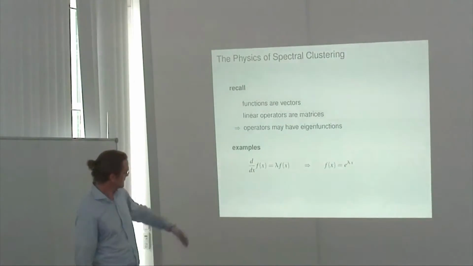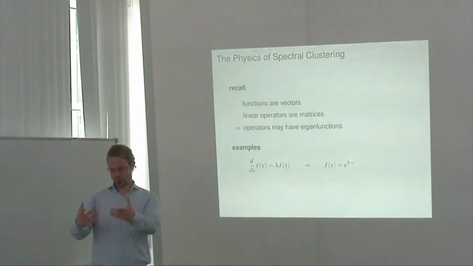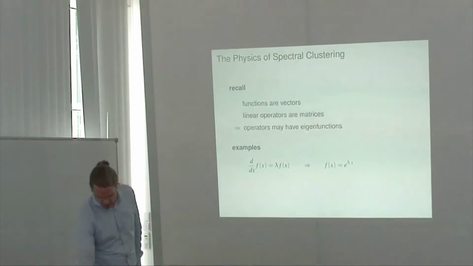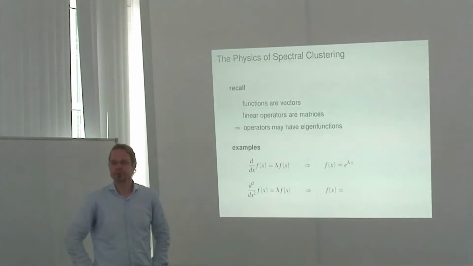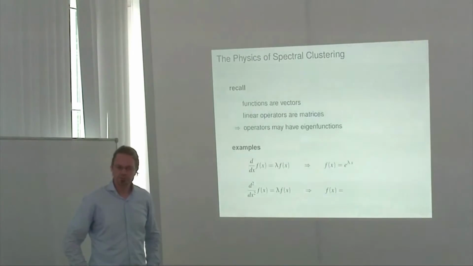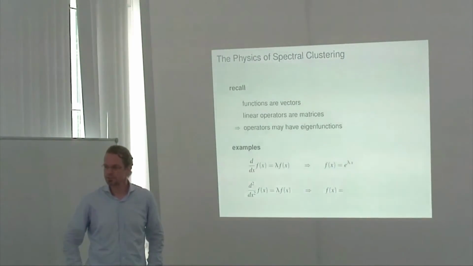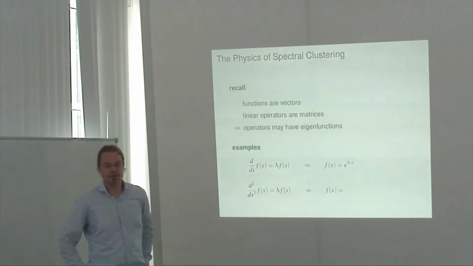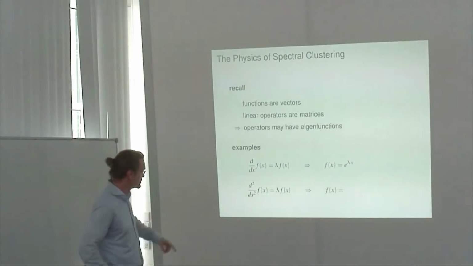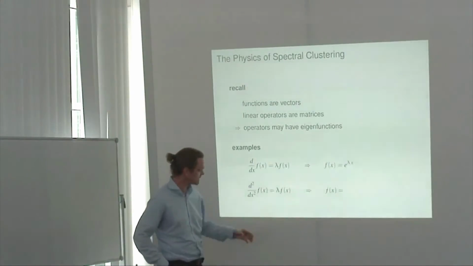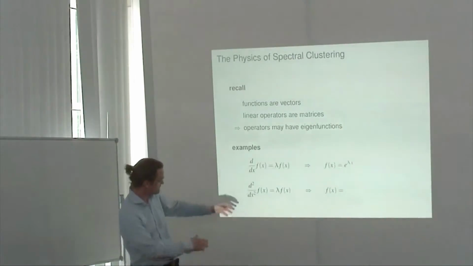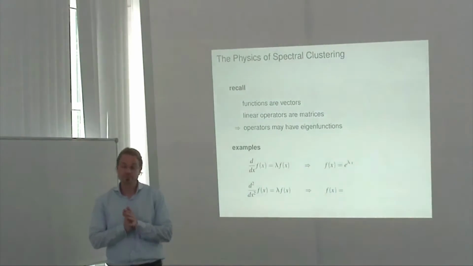But wait a minute, this is just sort of the first derivative. Could we have the same for second derivatives, such as they occur in the Laplace operator? Does this thing have an eigenfunction? Can we solve this for f? Like, we can write down the equation, but can we actually solve it for f?